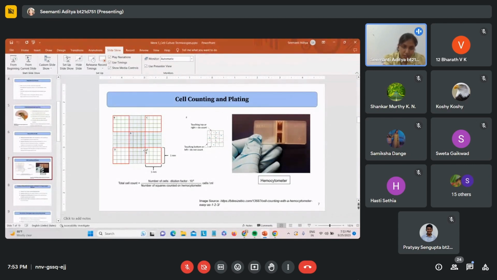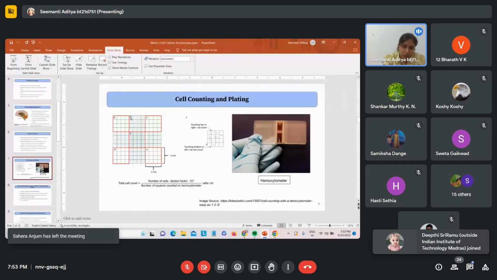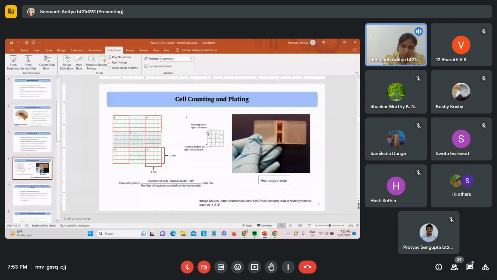So these cells which are present over here, we are not supposed to count. But cells which are present over here, we can count. That is true for each grid, the smaller grids also. If the cells are towards the right and towards the top, those cells we can count.